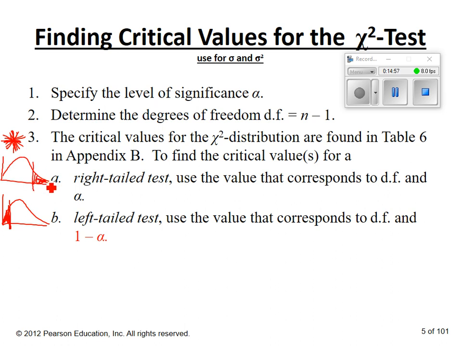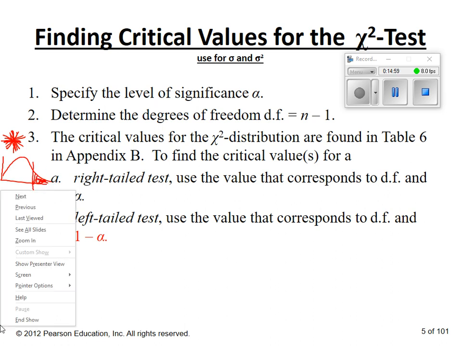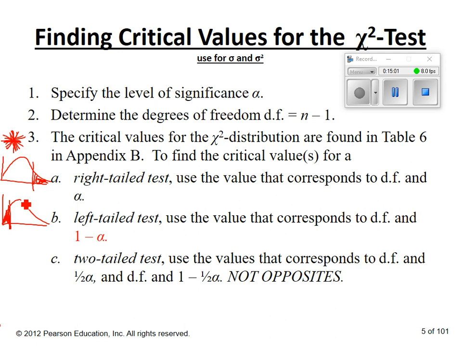If it's two-tailed, then you gotta do half alpha, or take alpha and divide it by 2. And that's gonna tell you your right tail. Then you take that answer and subtract it from 1, and that'll tell you your left tail.